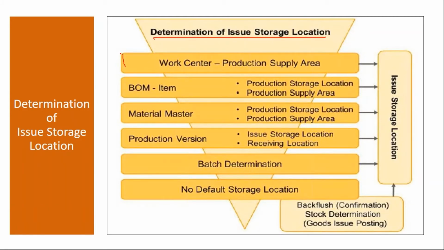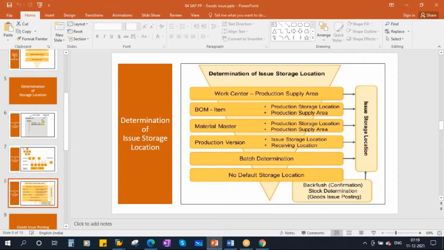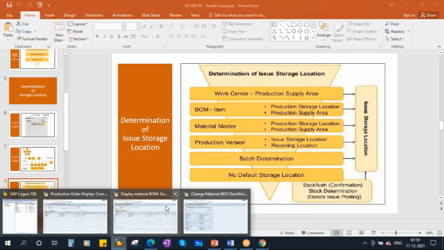First, the production supply area assigned to the work center. Next, the BOM item details. Next, the material master, the one which I just showed you. If it is not maintained there, then the system will search in the production version of the header material. I'll show you this.